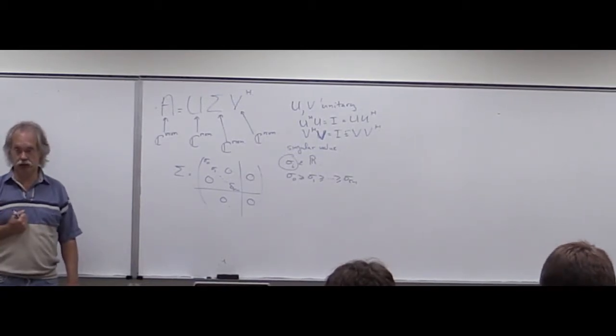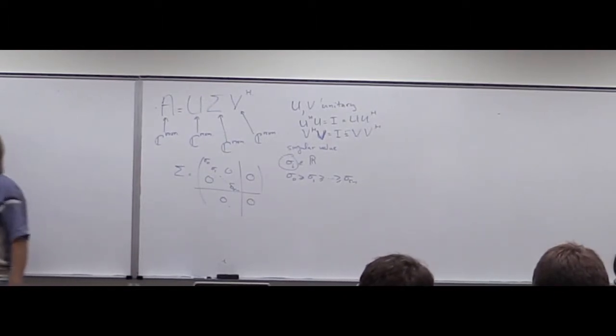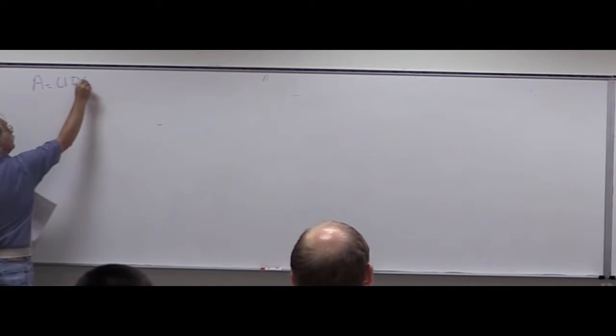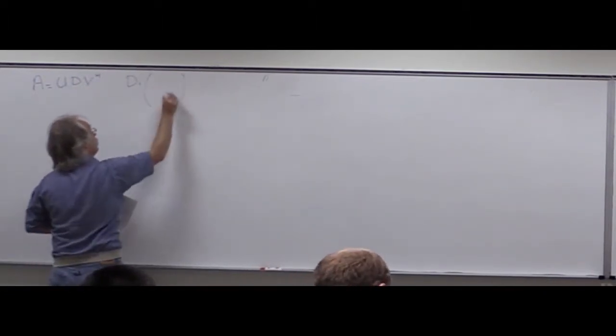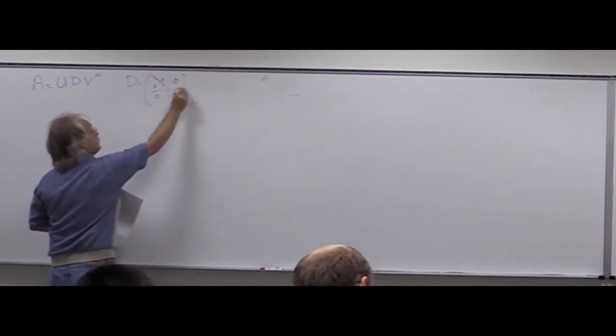Let's prove this. Okay. And we'll see how energetic I am in proving this, how far we actually get. What I'm going to prove first is that A is equal to U D V Hermitian, where D has that structure. And why do I use D there?